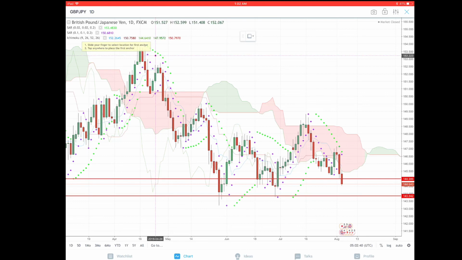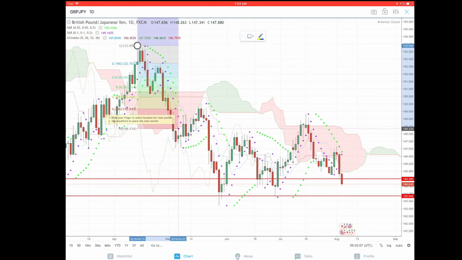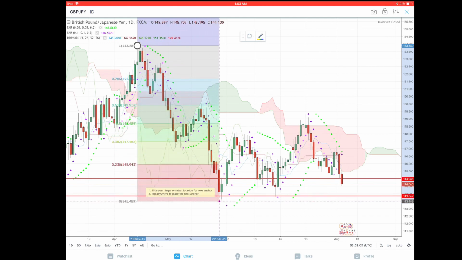and a lot of people use it different ways, but the idea is where you place your first dot is going to be the 100 line on the Fibonacci. So if you're plotting a downtrend like I am here, you're going to start up here at the top and drag it down to the lowest point.